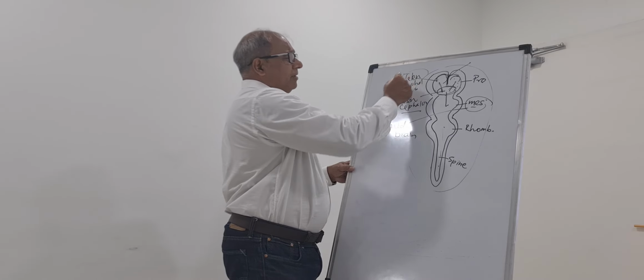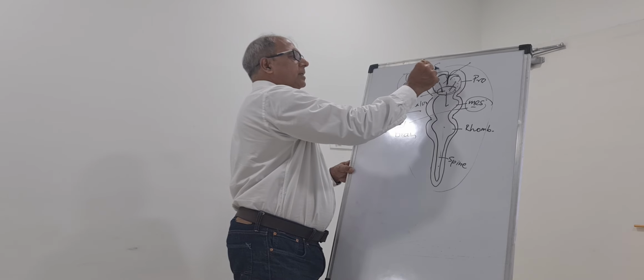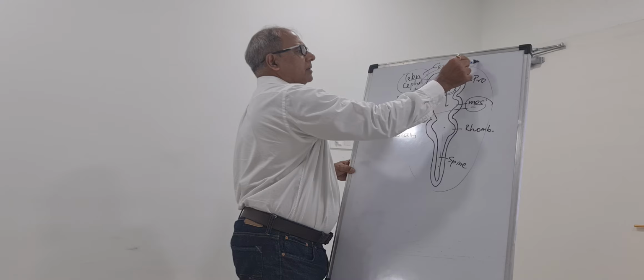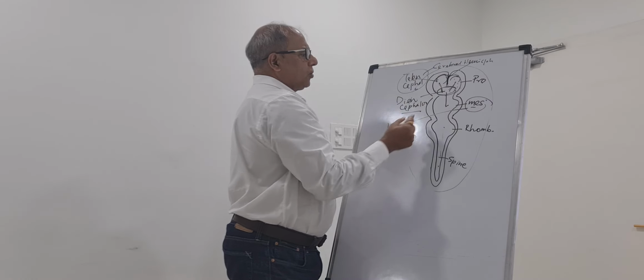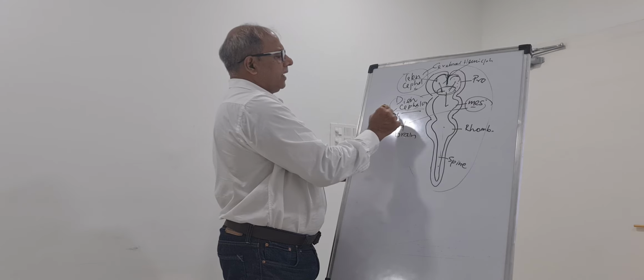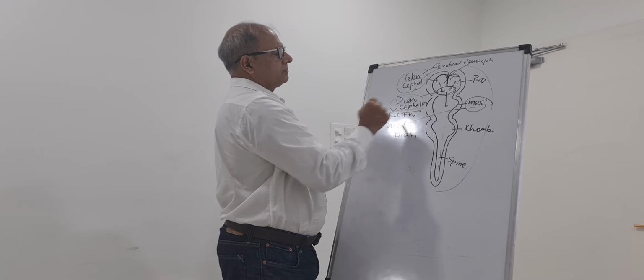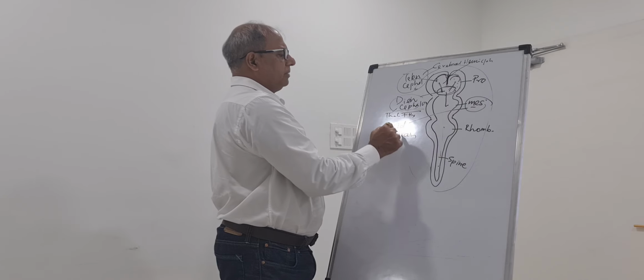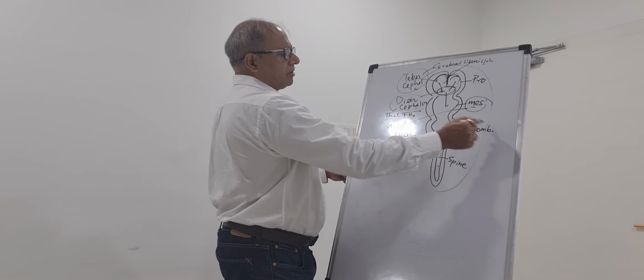So what does telencephalon make? Telencephalon makes the cerebral hemisphere. What does diencephalon make? Mostly thalamus and hypothalamus. Mesencephalon makes midbrain. What about rhombencephalon?